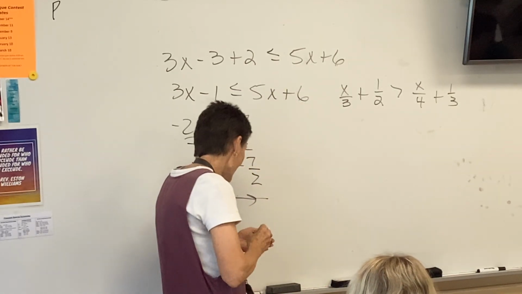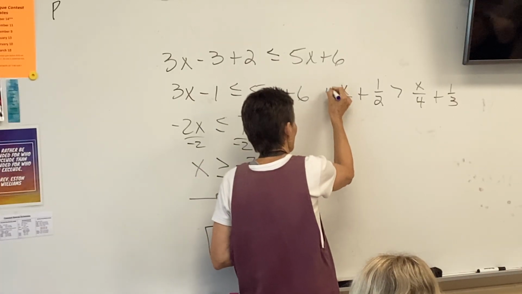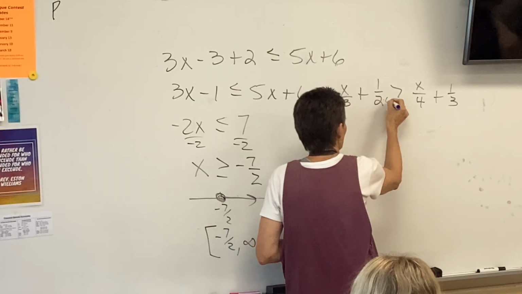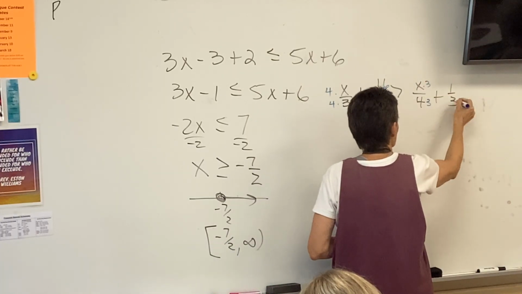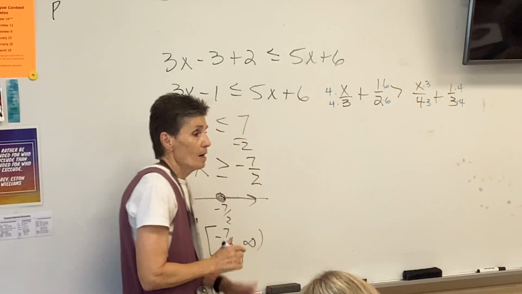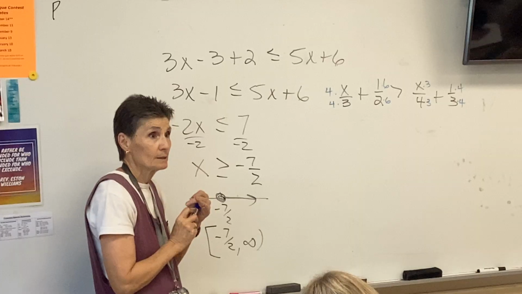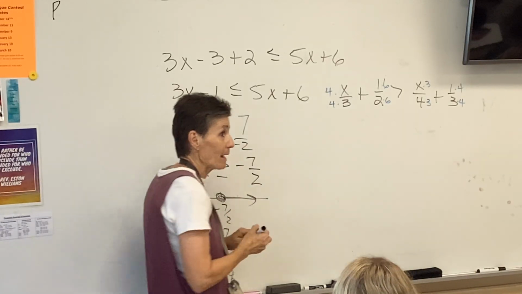So if we make all the denominators 12, we're going to multiply this one by 4, this one by 6, this one by 3, and this one by 4, all my denominators are now 12. And as soon as that happens, we can forget about them.